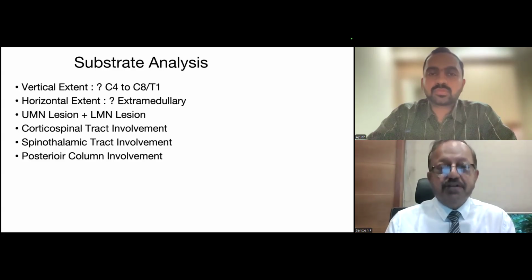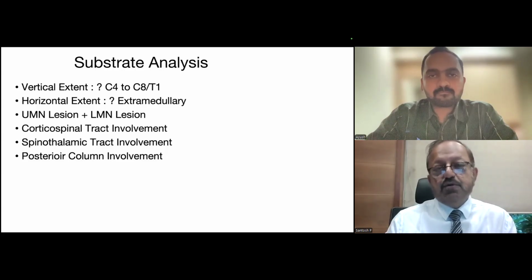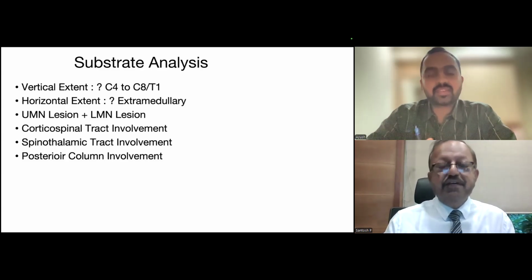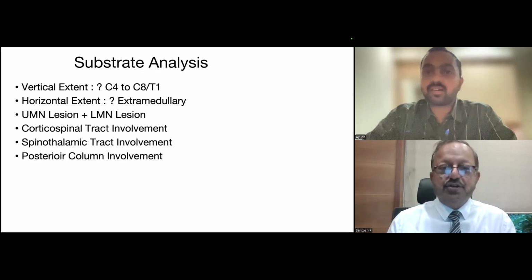Otherwise, just forget about it. In your own mind, you should have great clarity about what substrate is really involved. If you confuse yourself with such minor things and think this is posterior column, then it'll be difficult for you to justify it eventually.